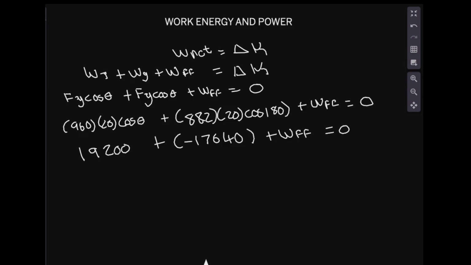And now, what am I going to say? I'm going to say that work friction is equal to 17,640 minus 19,200, which equals negative 1,560 joules, because the frictional force acts negatively.